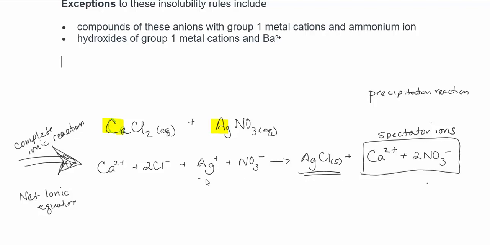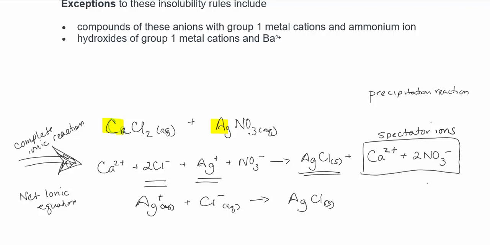So what I have is silver, that is aqueous, reacting with chloride, that is aqueous, in order to form my solid silver chloride. So here I have the possibility of a double displacement reaction, but when I do that double displacement reaction, I form a new solid. So this is called a precipitation reaction.